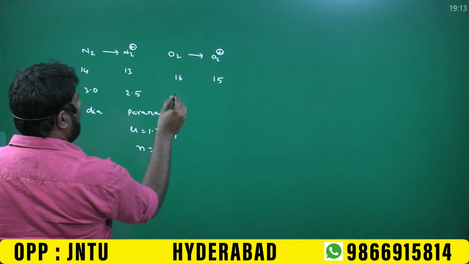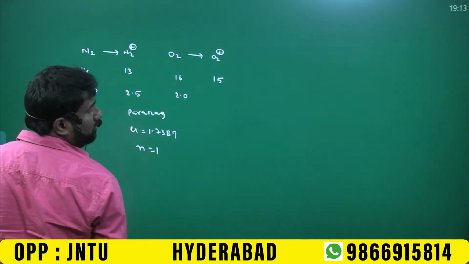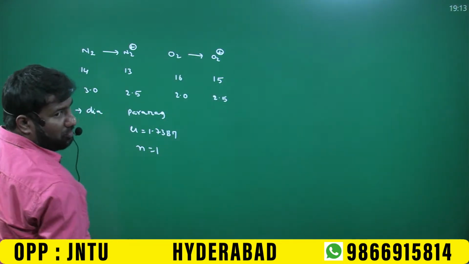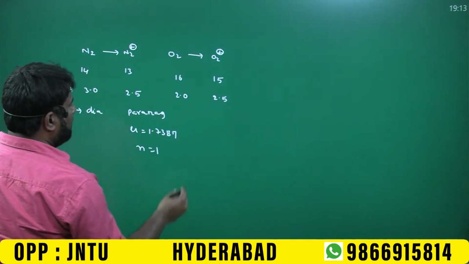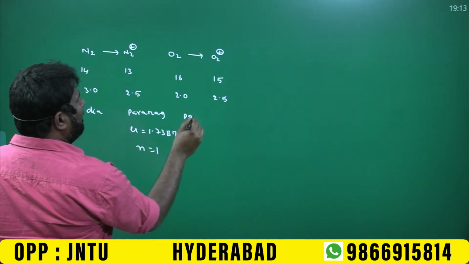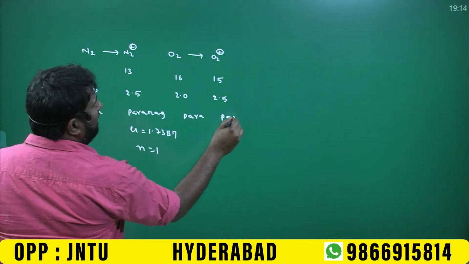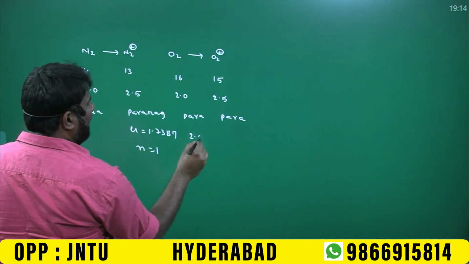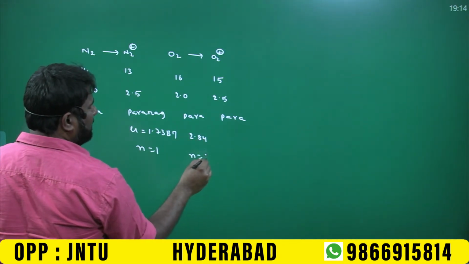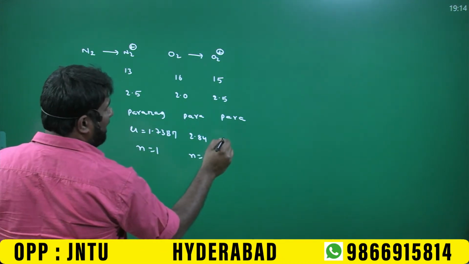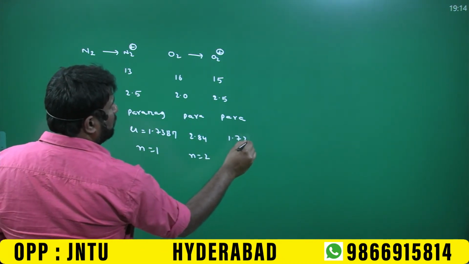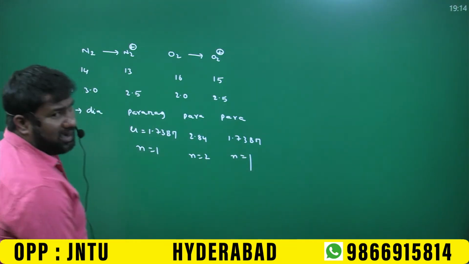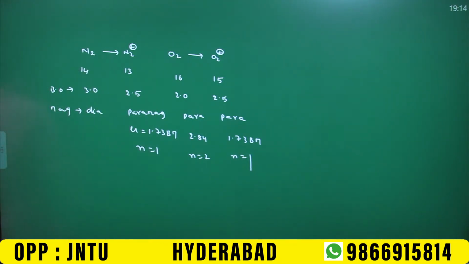For 16 the bond order is 2.0, for 15 it is 2.5. The magnetic nature, this is also paramagnetic, but here the magnetic moment is 2.84, because the number of unpaired electrons is 2, but in this case the number of unpaired electrons is only 1, so 1.73 BM.